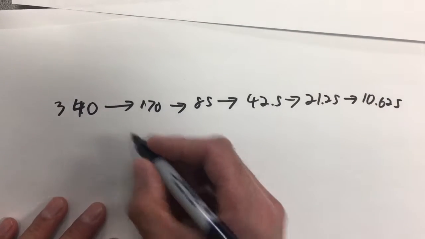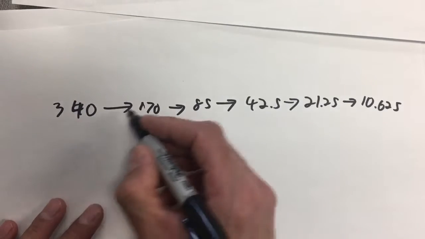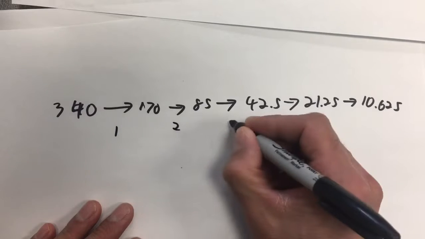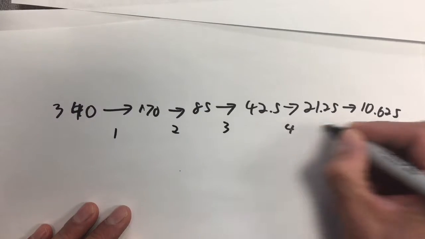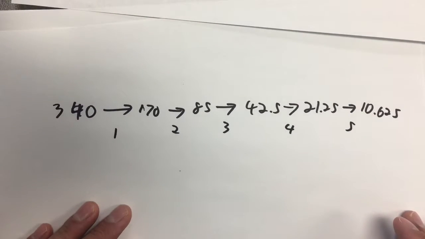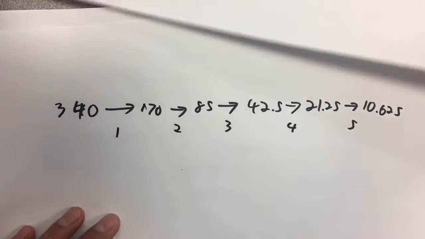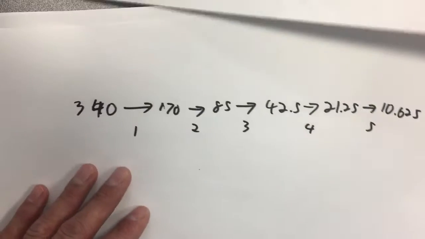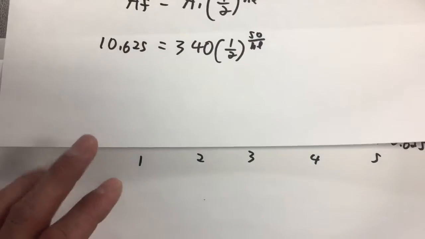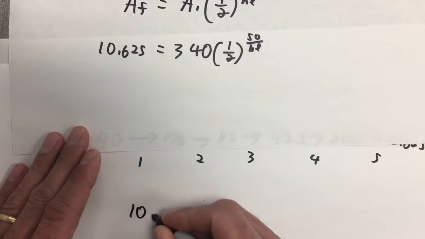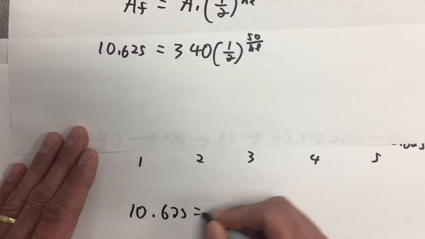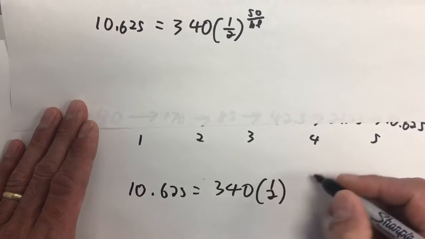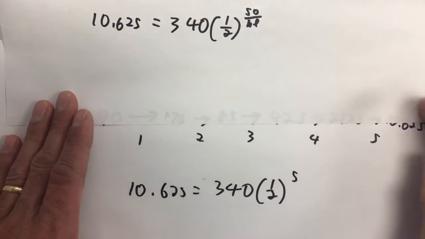So if we look closely, we have taken our 340 and we've divided it by 2, 1, 2, 3, 4, 5 times. So all of this will work out if we take our value of 340 and we cut it in half 5 times.